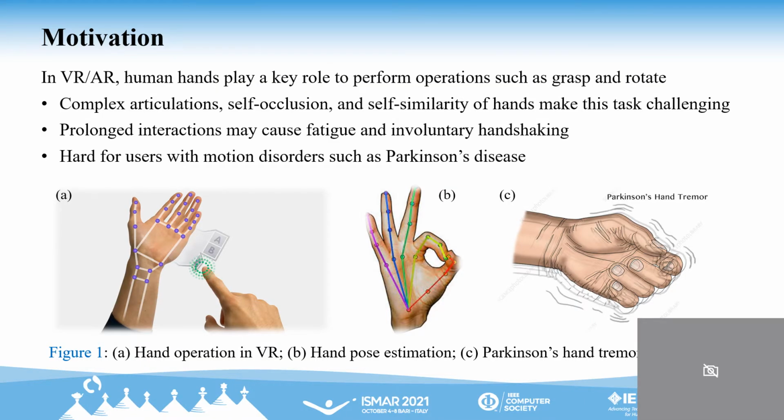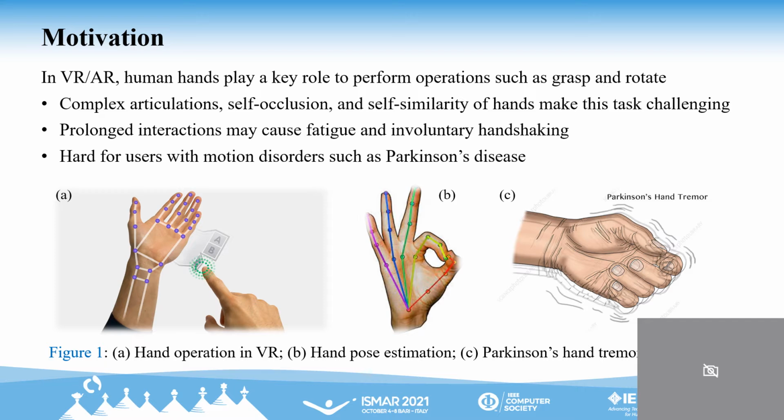During the interaction in AR, human hands play a key role to perform operations such as grasp, move, and rotate. Therefore, accurate hand pose estimation and tracking can effectively improve the user's experience. However, the complex articulations, self-occlusion, and self-similarity of hands make this task challenging, and prolonged interaction may cause fatigue and involuntary hand shaking.